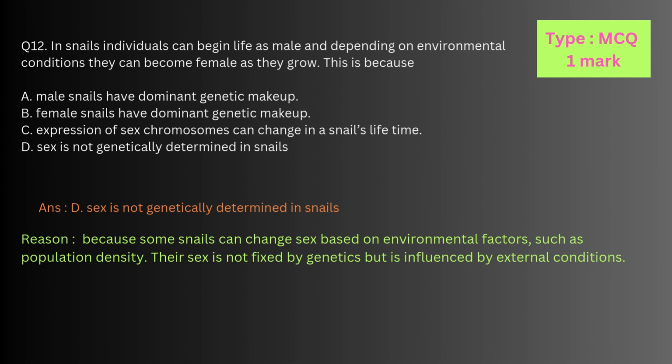Option C, expression of sex chromosomes can change in the snail's lifetime, is also incorrect because in species with environmental sex determination, the sex change is not due to changing sex chromosomes but rather external factors. So the right answer is D, because these snails do not have fixed sex chromosomes and their sex is influenced by the environmental conditions and not by genetics.